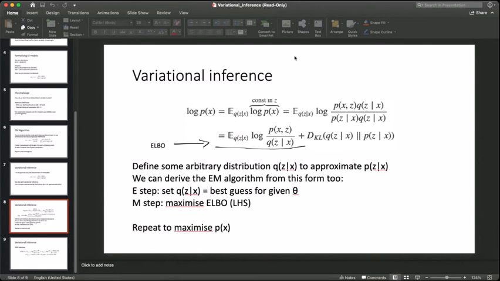Like the error associated with guessing the priors will inherently have this added term.